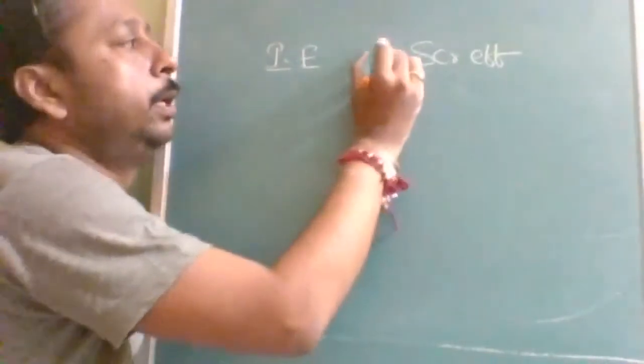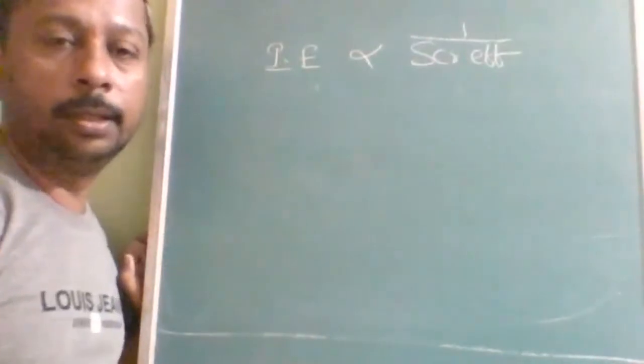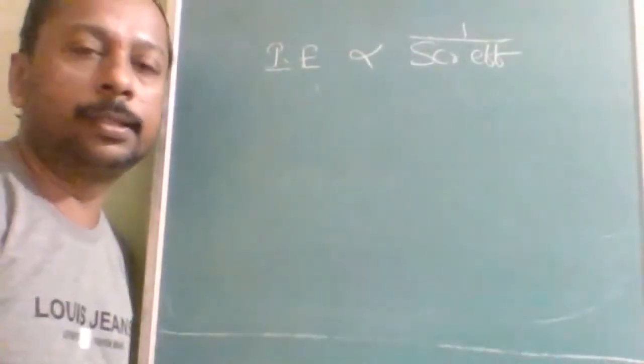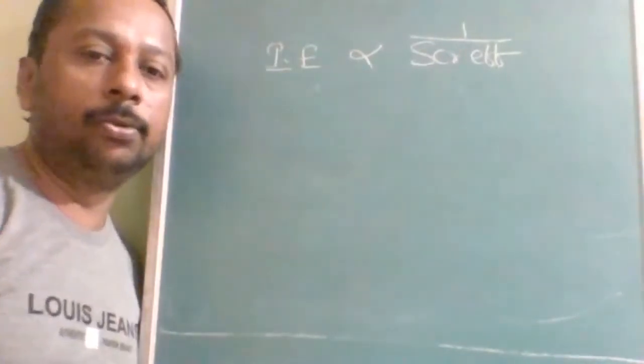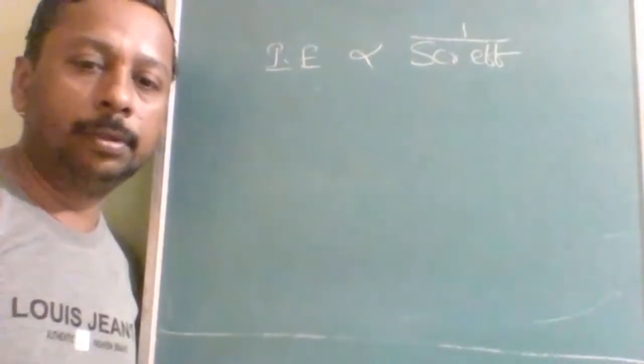Screening effect and ionization energy are inversely proportional. Screening effect increases, attraction decreases, so less energy we will use to remove that. Is that clear to all of you?